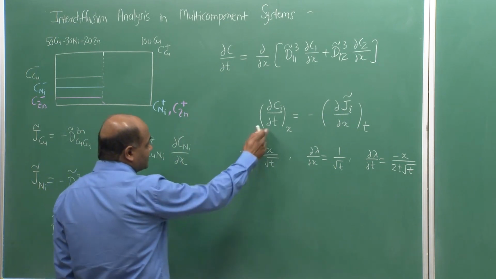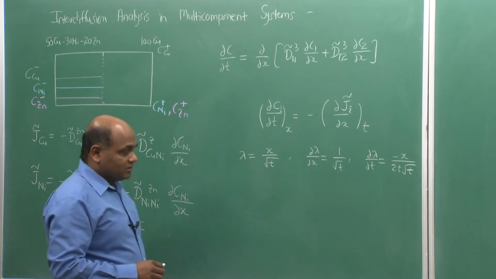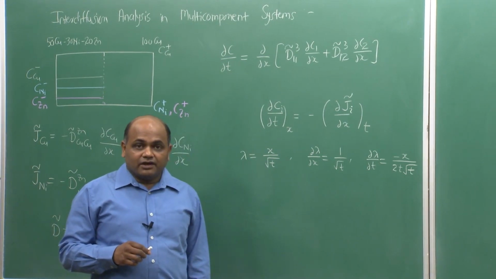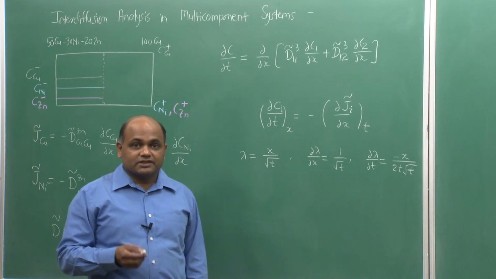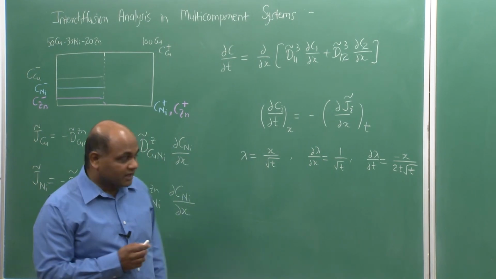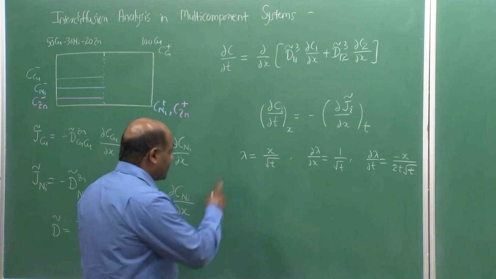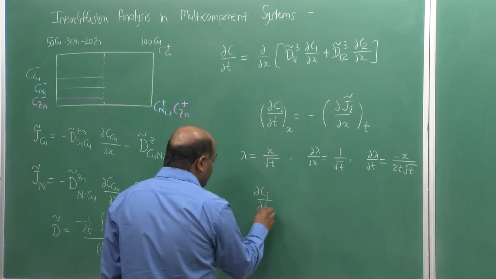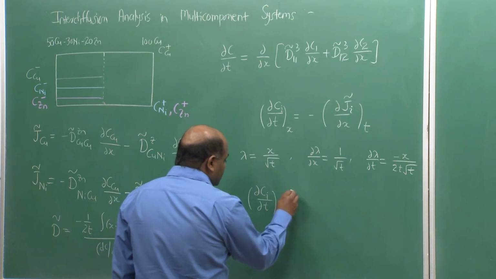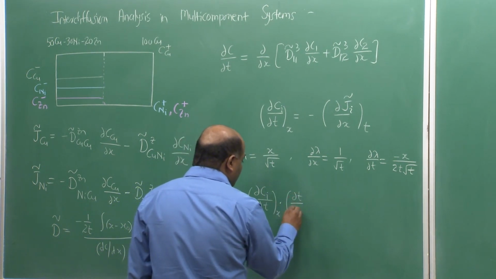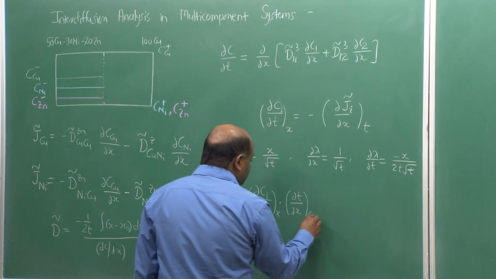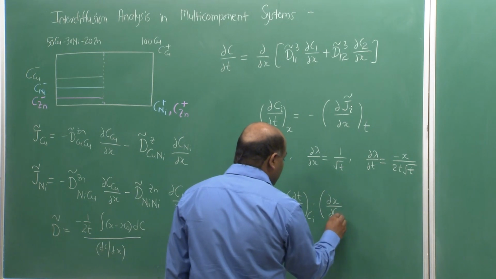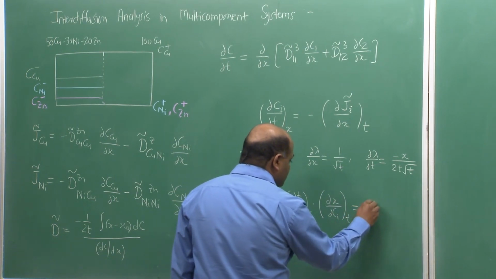If we look at the left hand side, in the thermodynamics refresher we had seen the upstairs, downstairs, inside out formula for the partial derivatives, which we can apply here. So, we can write with that formula dou Ci by dou t at x times dou t by dou x at constant Ci times dou x by dou Ci at t should be equal to minus 1.